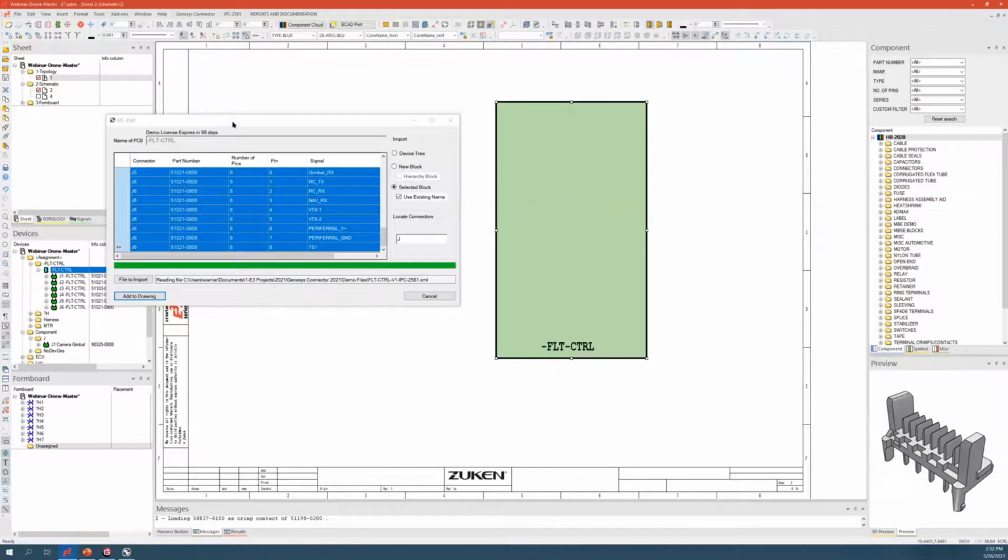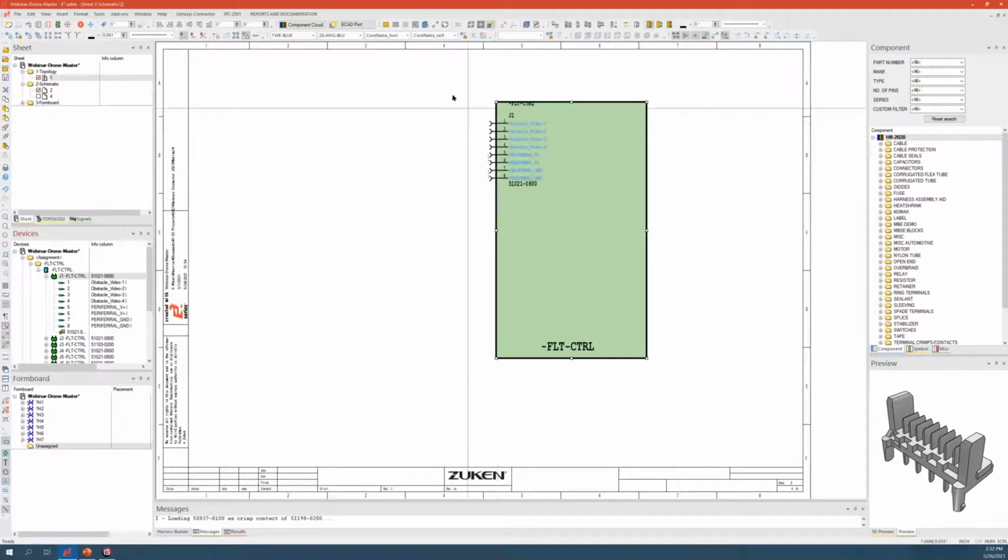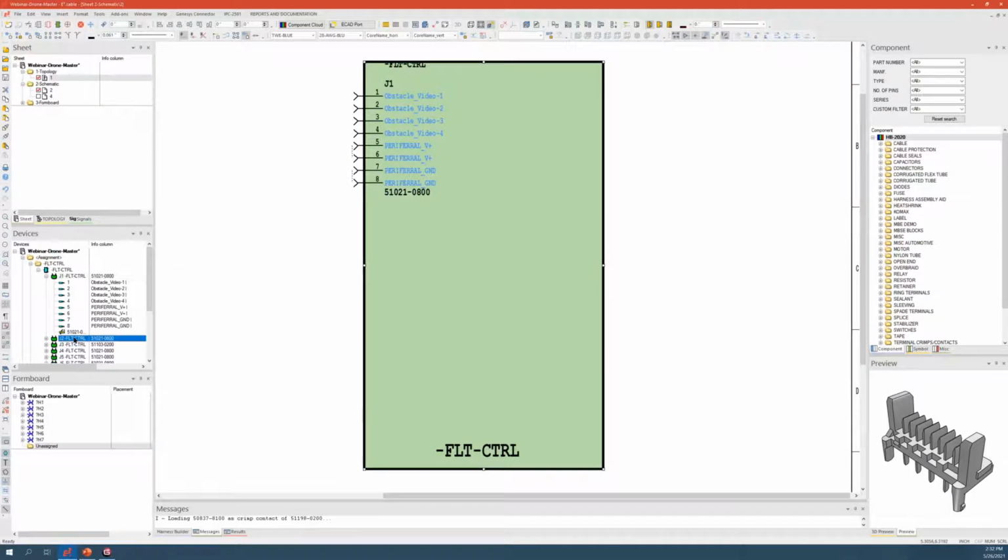And we'll see that there are 6 connectors that we brought in, and even the signals on that. So let's place that onto our board here, and you'll see that the connections are being established. So very clearly and easily, we can start putting our board together in the E3 series.